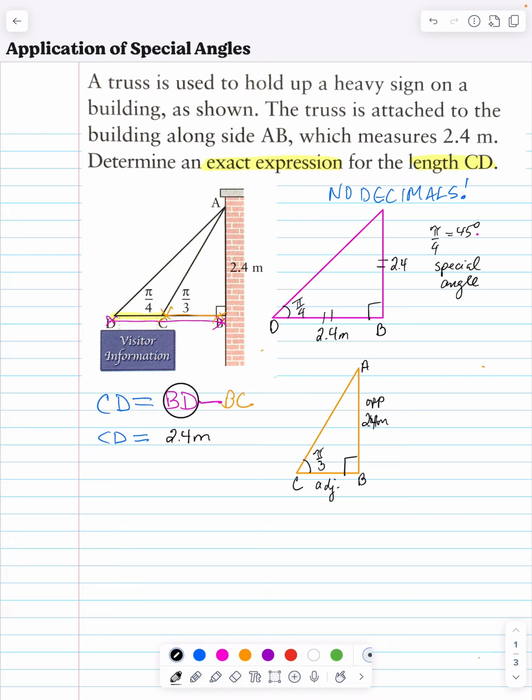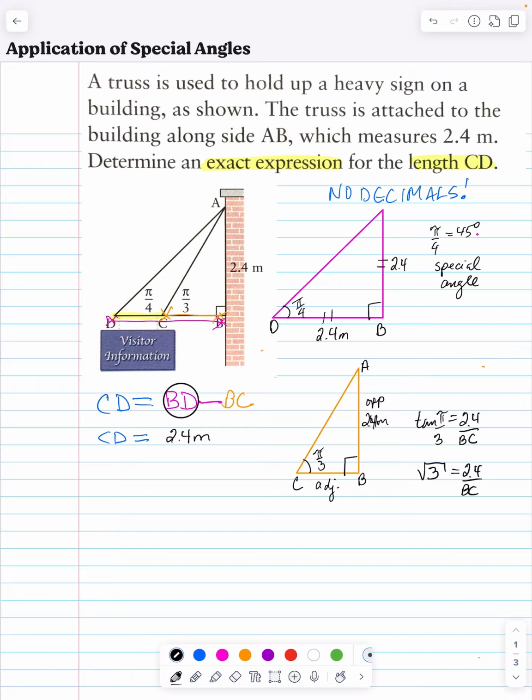We know that the tangent, which is opposite over adjacent, is 2.4 over side length BC. The value of the tangent of pi by 3, which is a special angle, is root 3, so root 3 equals 2.4 over BC.